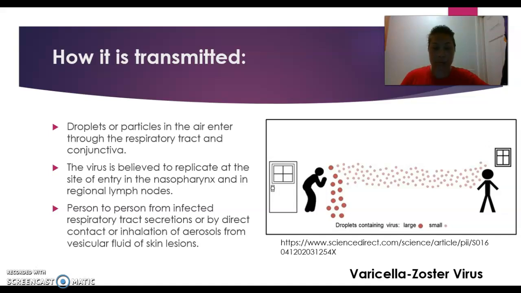Another way of transmission is person to person through respiratory tract secretion, direct contact, or inhalation of aerosols from vesicular fluid of skin lesions. And I put this image here, which explains how droplets are created.